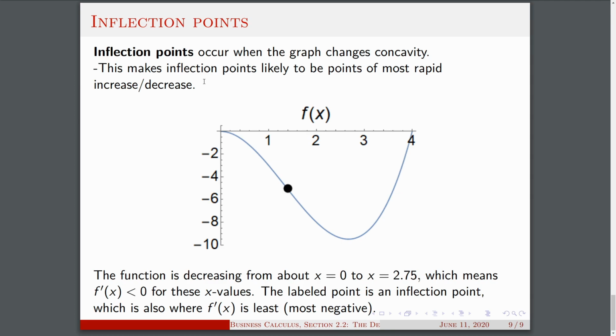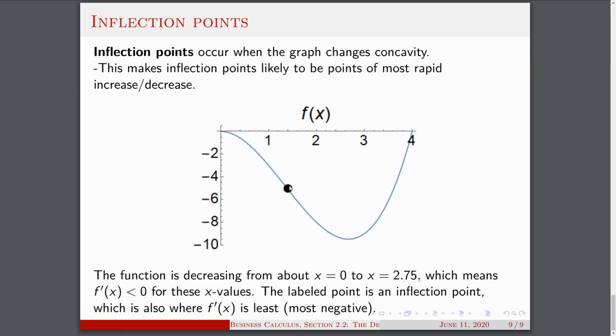So not only are we concerned with whether the function is increasing or decreasing, but what's the steepest point of increase or the steepest point of decrease. So in this graph that I have here, the function is decreasing on this bit here, and where's it decreasing most?